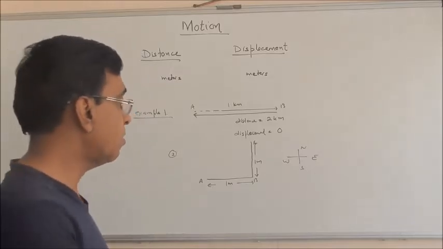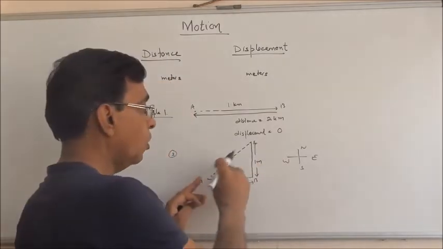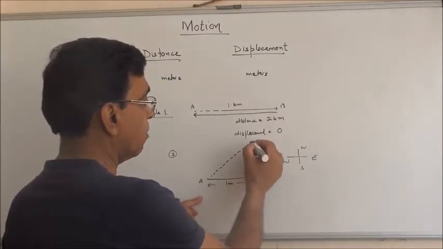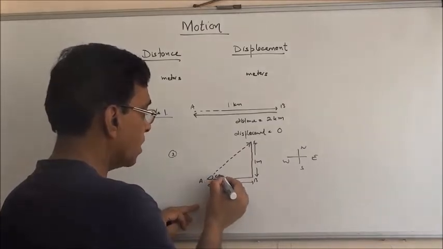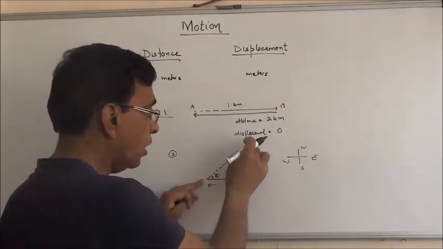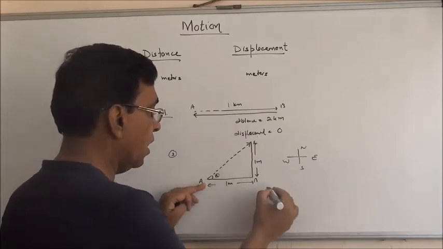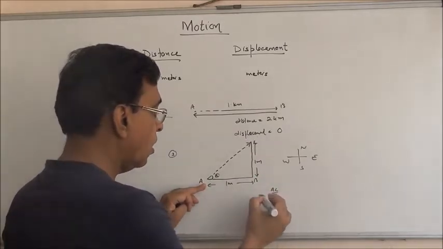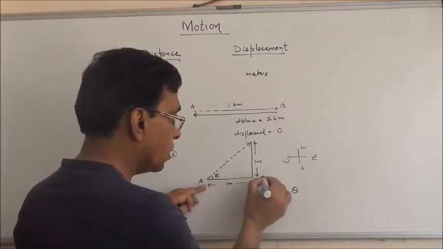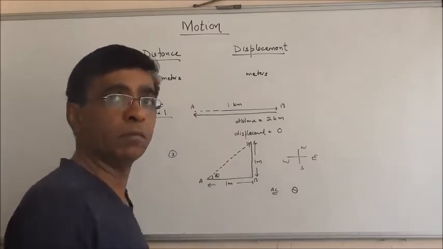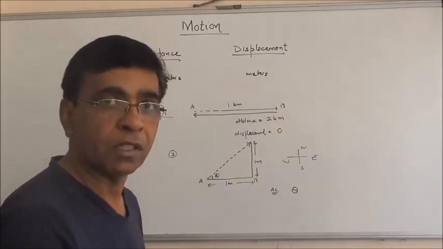So now what is the net displacement? We have to find out this value using Pythagoras. This is the displacement. So it is telling us, if this angle is theta, that the body displacement is AC at an angle theta from east. So I can say north of east.